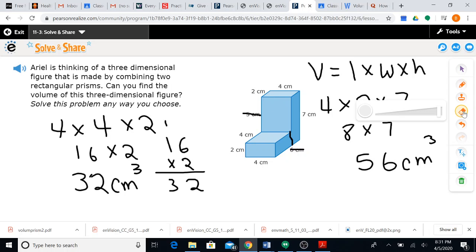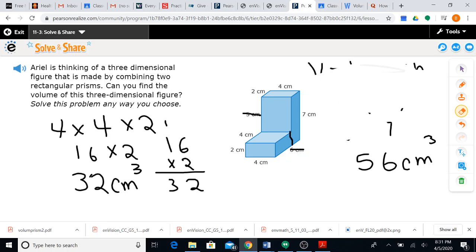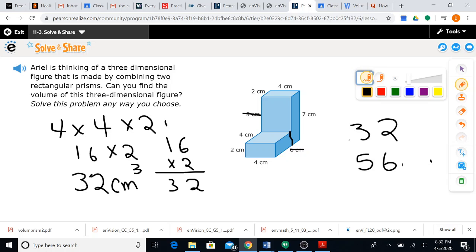And I'm not going to stop there. I'm going to go ahead and add them together to get the volume for my entire prism. And to do that, I'm going to go ahead and add like normal. So I'm going to do 56 centimeters cubed plus 32 centimeters cubed.